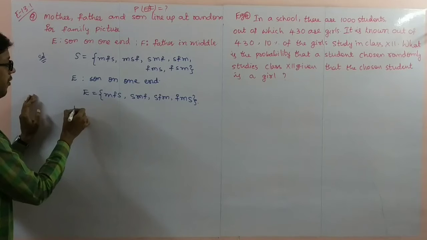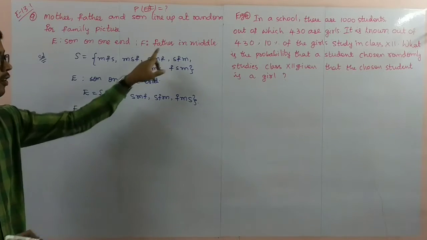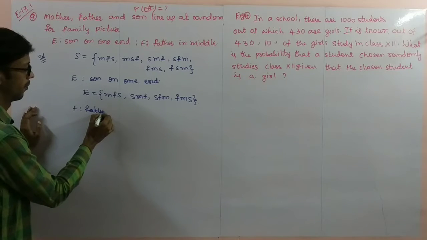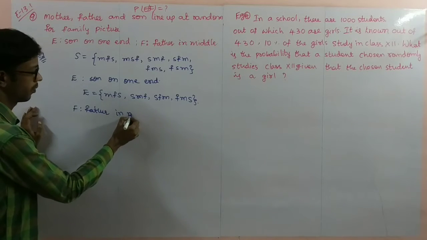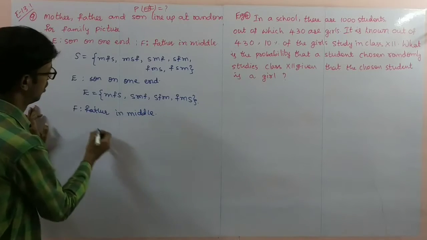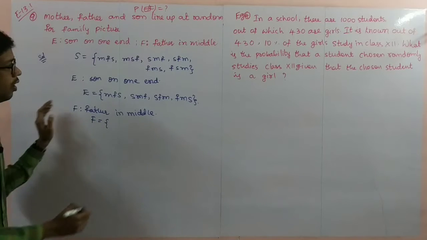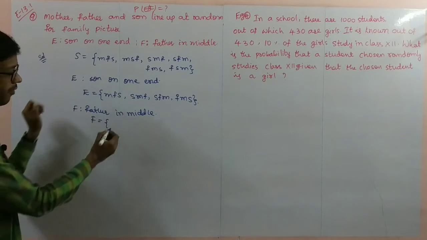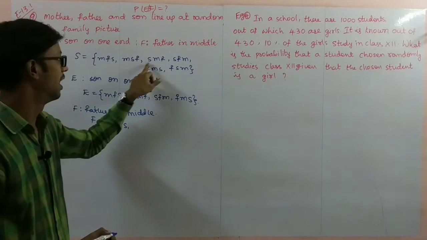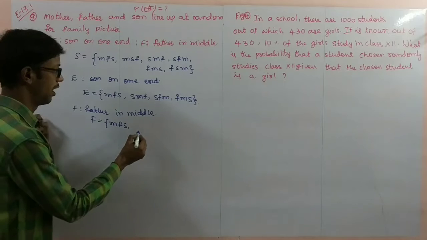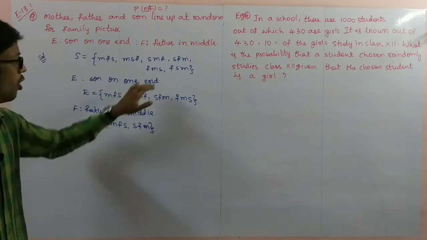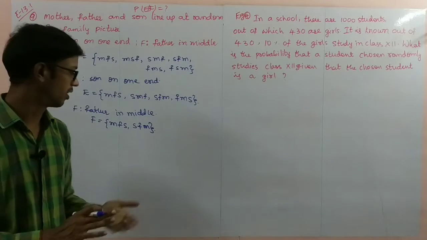Next, F is the father in the middle. So F is equal to, you will get father in the middle here: M, F, S and S, F, M. There are no more possibilities of father in the middle.